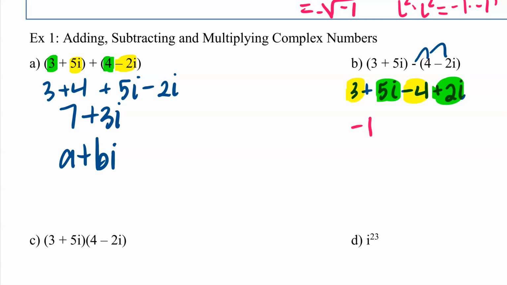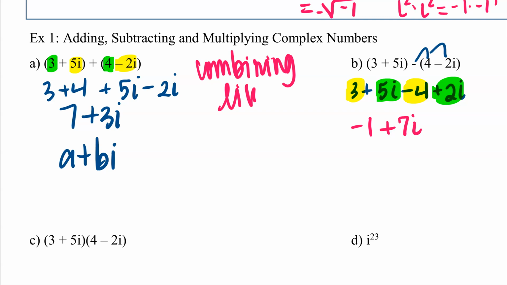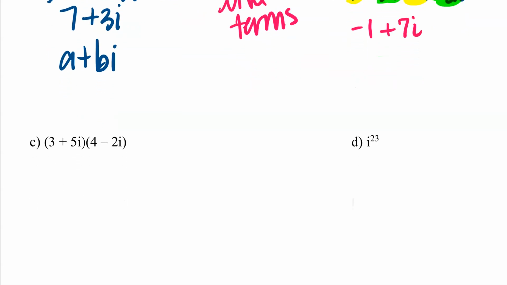So I really have -1 plus 7i here, and it's written in the right form, so we're good. So we're done with those two. Adding and subtracting is pretty straightforward. It's just combining like terms, and that's really what you need to focus on.